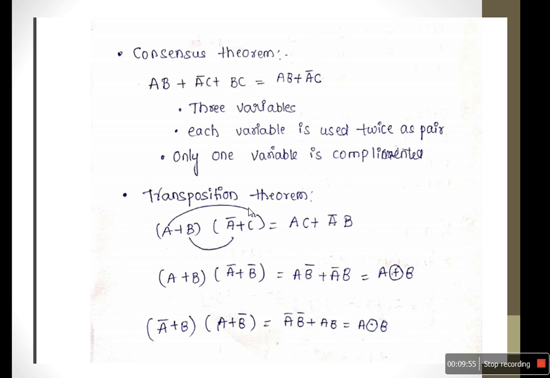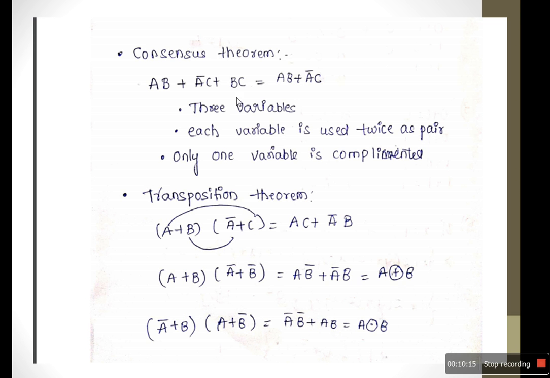So that is AC + A bar B. Similarly, AB bar + A bar B is the A exclusive OR B, and A bar B bar + AB is the A exclusive NOR B.